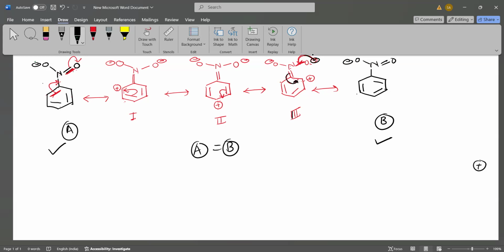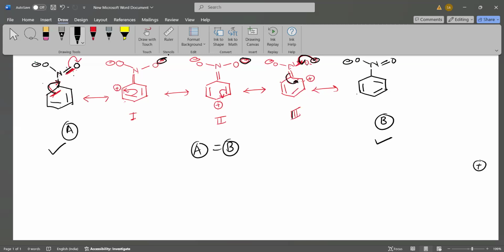This negative charge is shifted between nitrogen and oxygen because the double bond was already there, and to form a double bond between carbon and nitrogen, this bond has been shifted here, and this double bond has been shifted onward, and that acts as a negative charge in the entire system. See here, negative, negative, and negative. And that negative charge again comes back into the oxygen and nitrogen as a double bond. Okay, ma'am, got it.